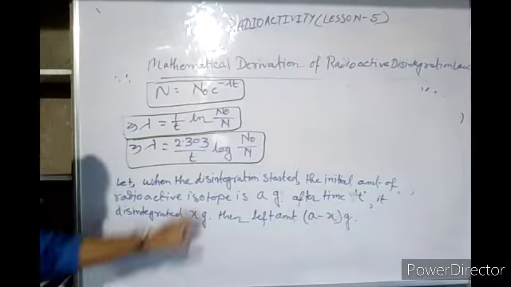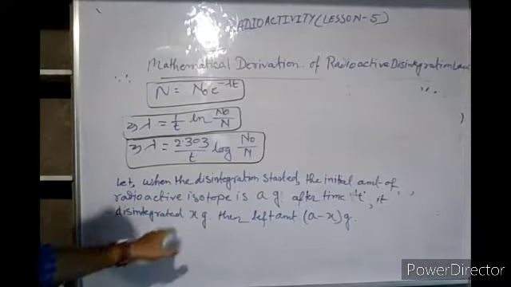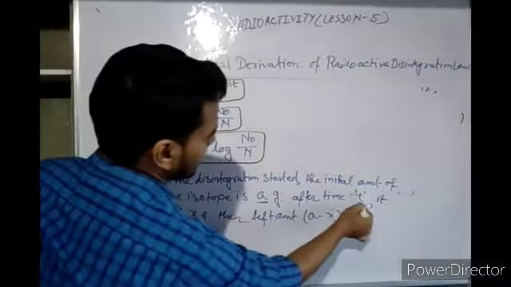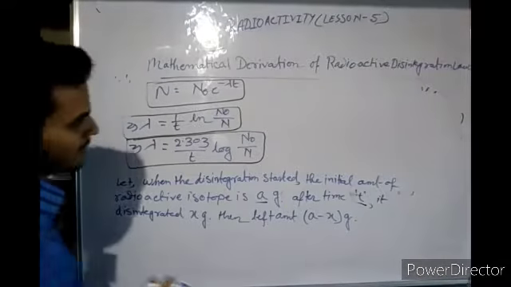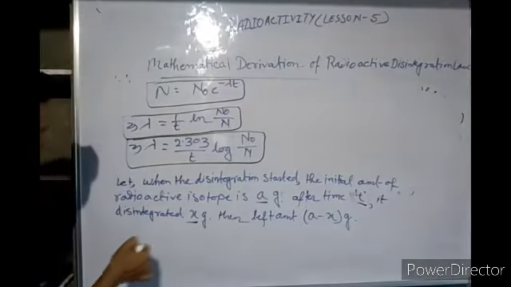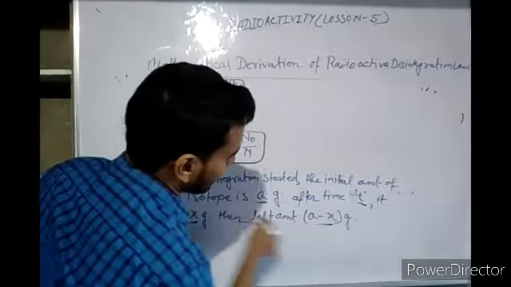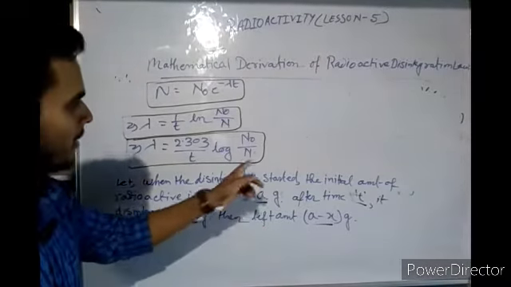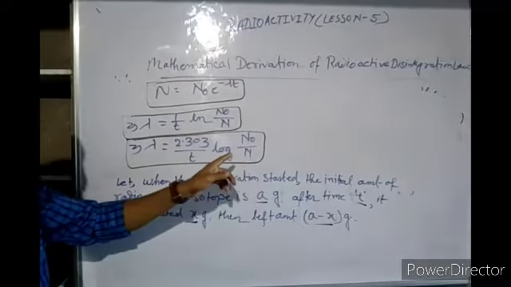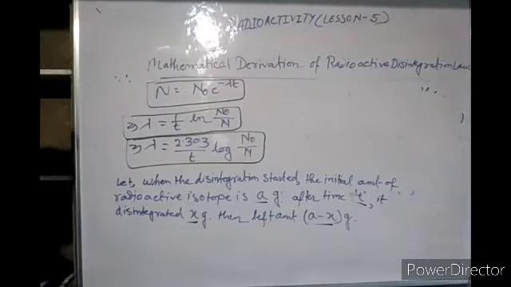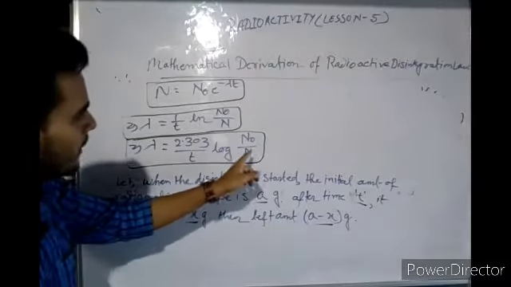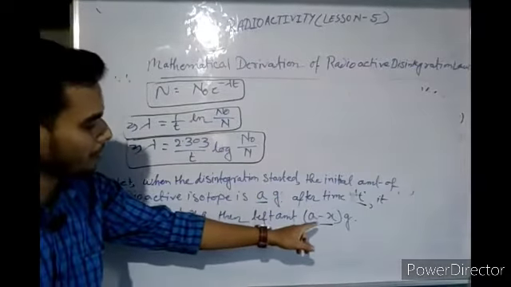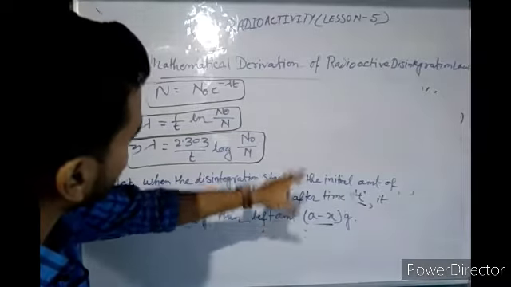When the disintegration started, the initial amount of radioactive isotope is A gram. After time t, when the disintegration is going on, it disintegrates X gram. Then the left amount will be A minus X gram. From the law, we know that the rate of radioactive disintegration depends only on the number of the radioactive isotope present at that particular time.